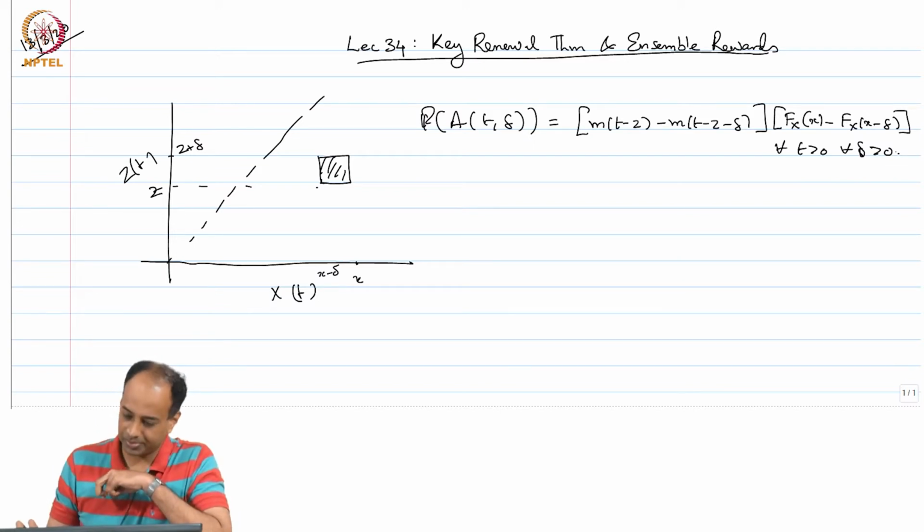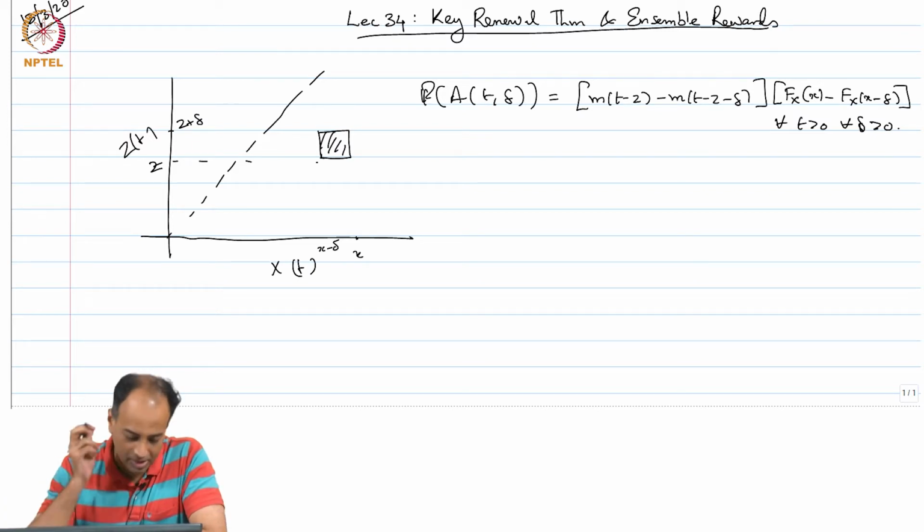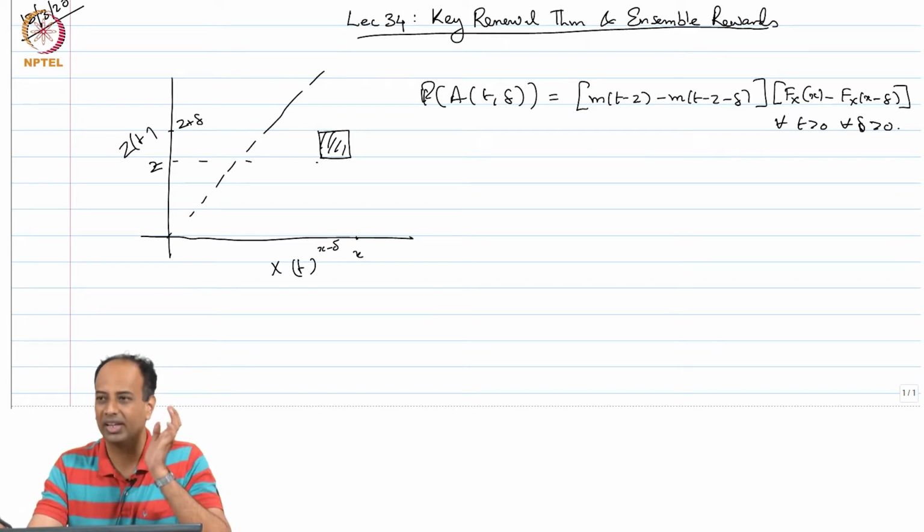Except that there are some subtleties involved. I will show you what really happens by calculating the CDF of Z(t) for finite t, and then taking t to infinity.